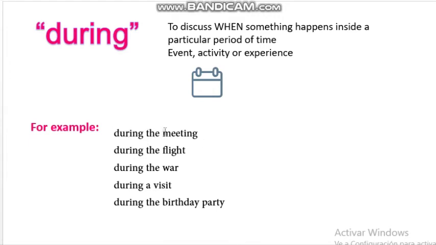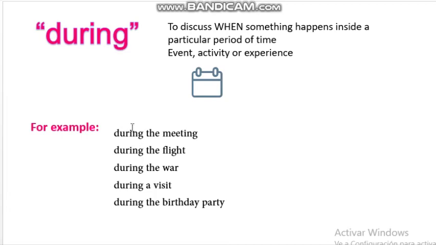During the meeting, we use during because the meeting has a beginning and an end. So maybe the meeting began at 6 o'clock and it lasted 2 hours, so it ended at 8 o'clock. So that's the period of time.